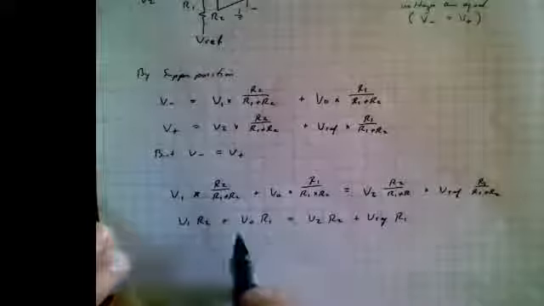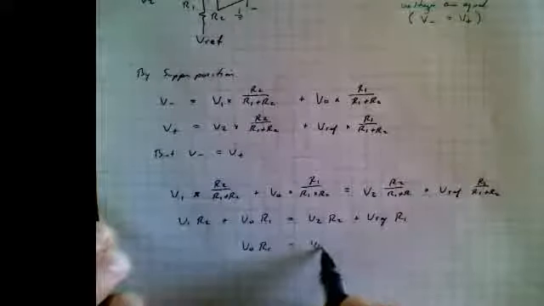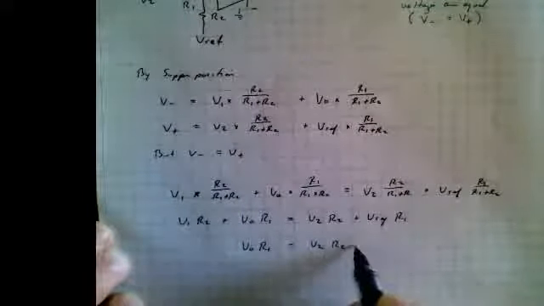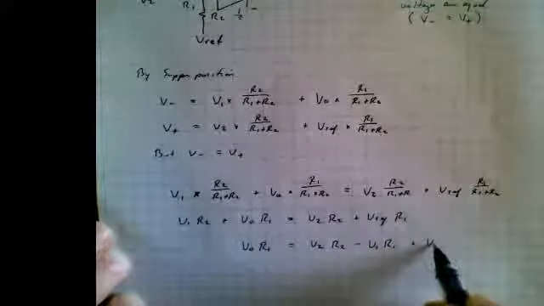So now we're going to solve for VO. So VO R1 is equal to V2 R2 minus V1 R2 plus Vref R1. And now we can divide everything through by R1.